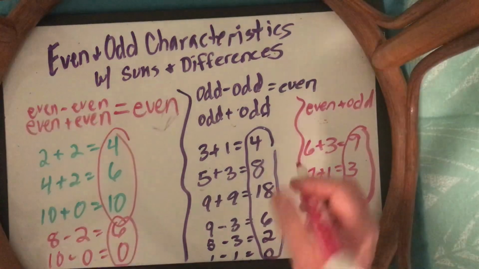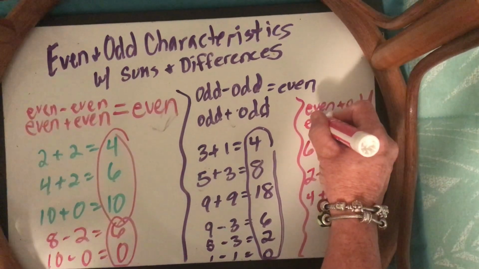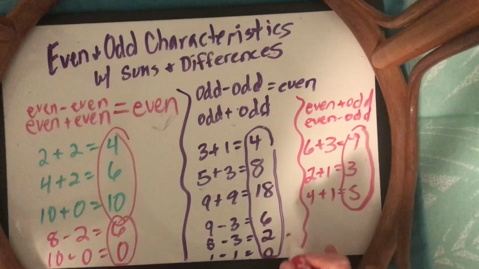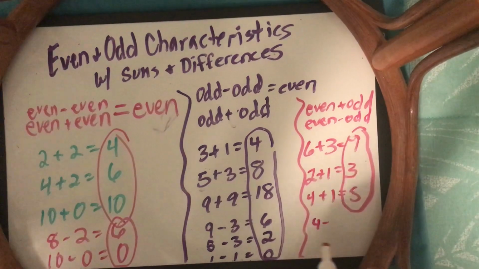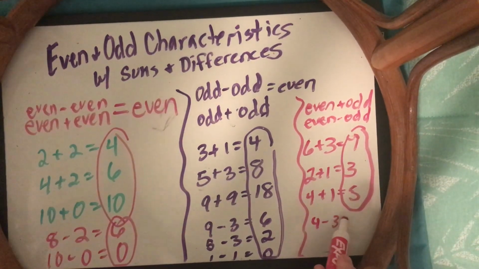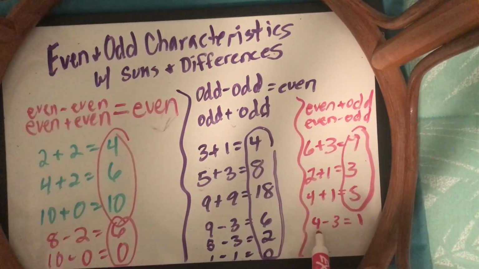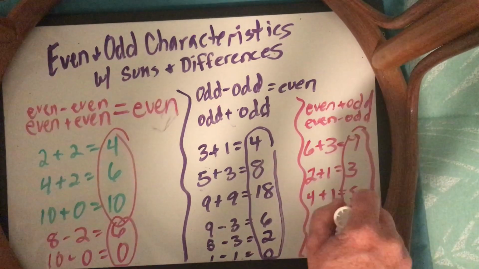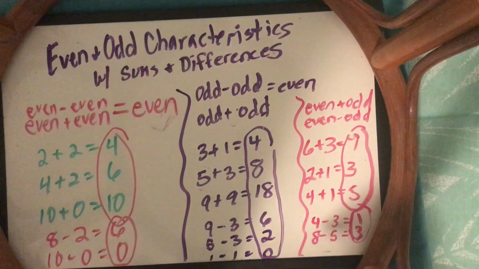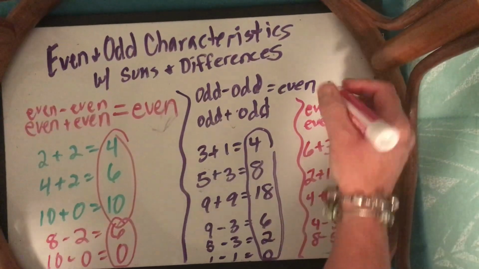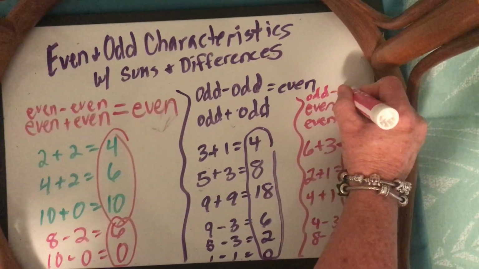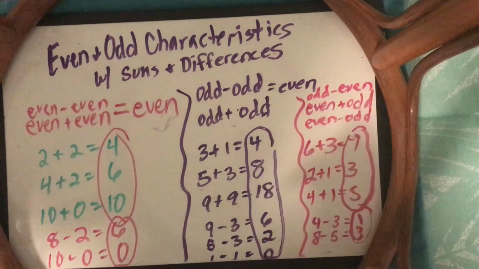Okay? What if you do an even minus an odd? That would be 4 minus 3 equals 1. Or 8 minus 5 equals 3. Again, odd. What if we switch that around and do an odd minus an even?